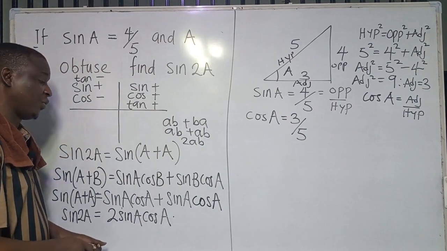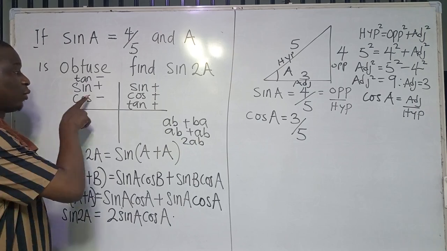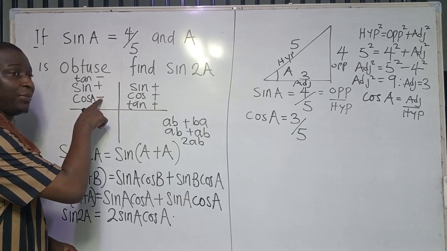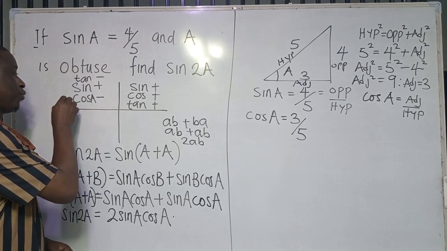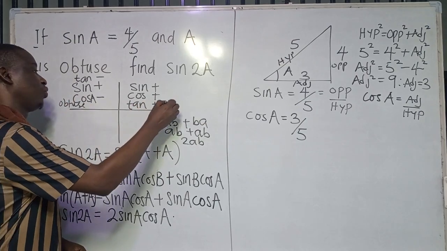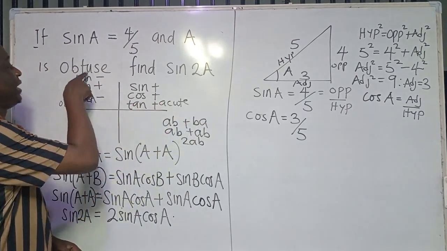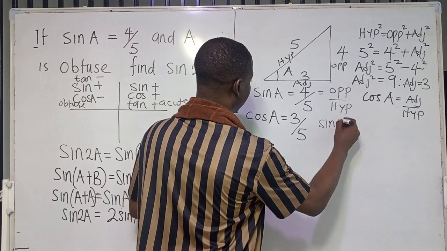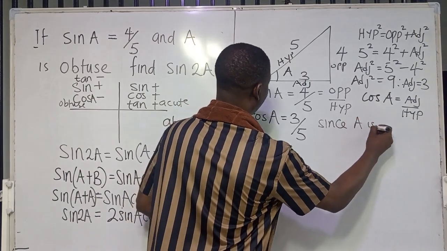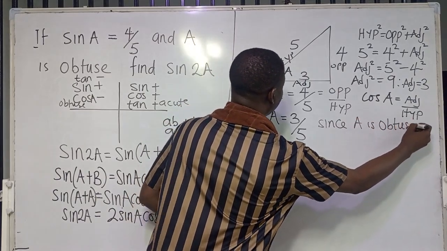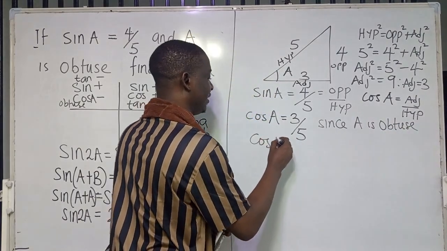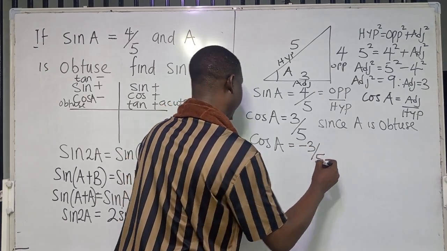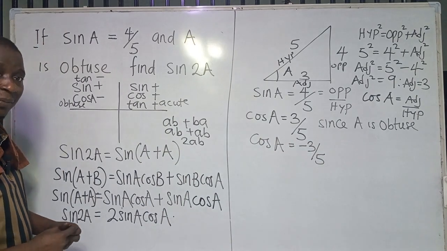But don't forget that in the second quadrant, cos A will be negative, because it is the obtuse region, not the acute. Since A is obtuse, therefore cos A is equal to minus 3 over 5. That's what I want you to get.